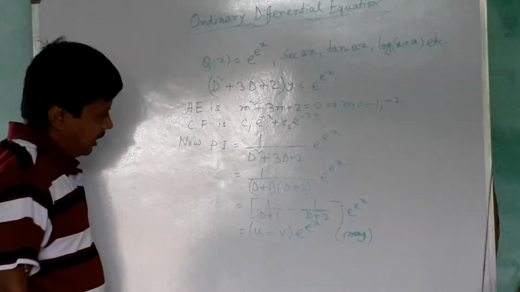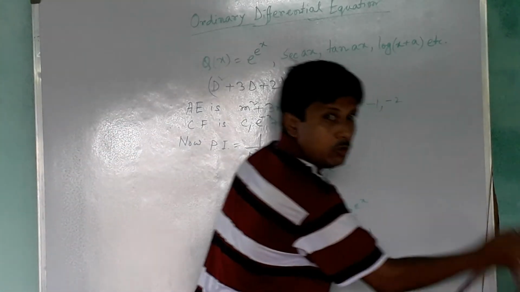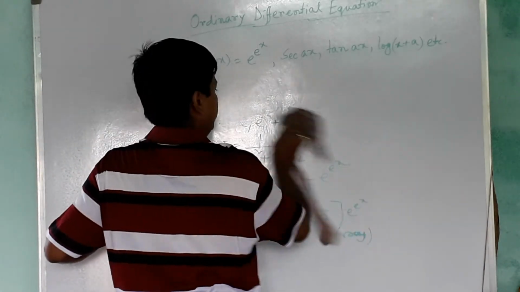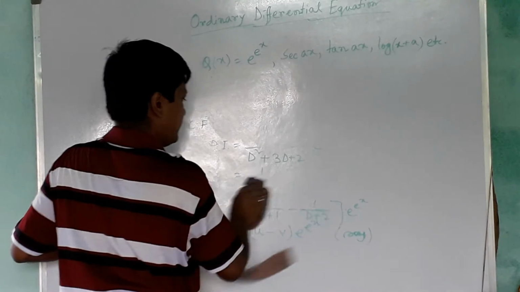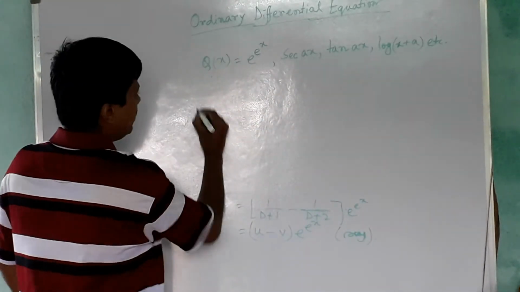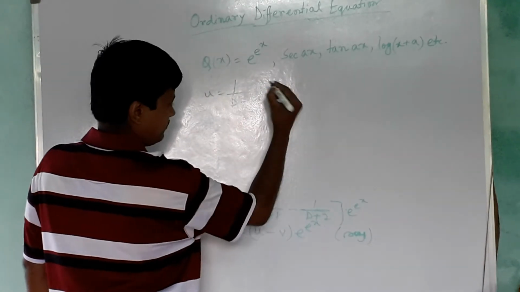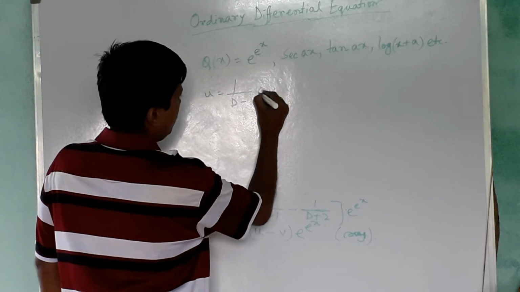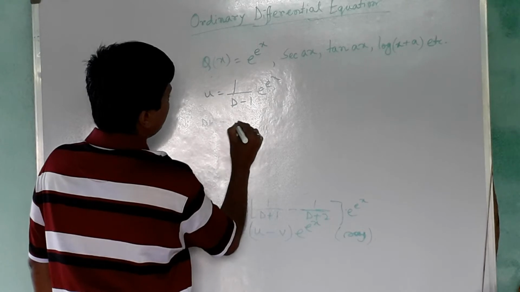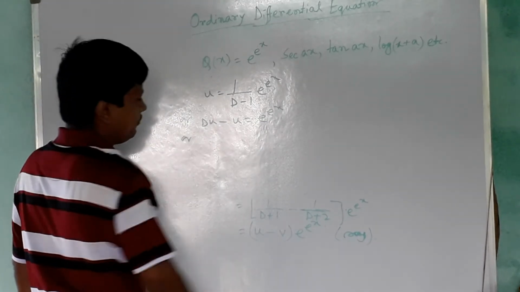Say u is equal to 1 by (D plus 1) of e to the power x. So du plus u is equal to e to the power x.